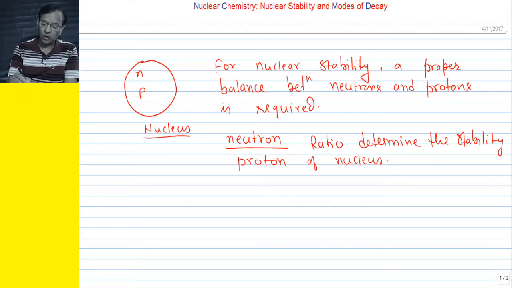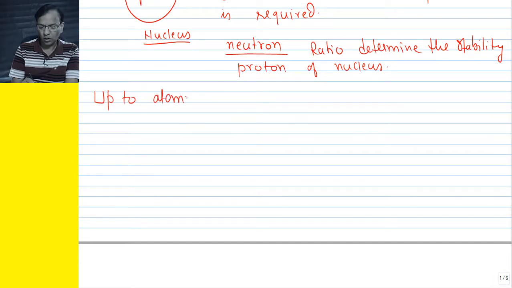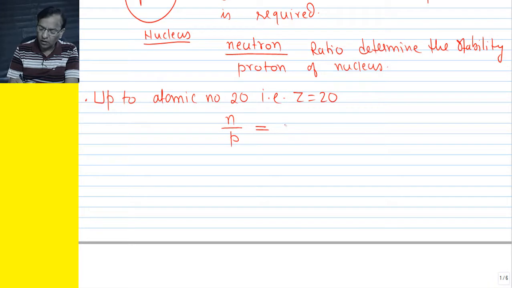So up to atomic number 20, that is Z equal to 20, the N/P ratio required for stability is 1. That is, up to atomic number 20, the number of neutrons required for a stable nucleus is equal to the number of protons.